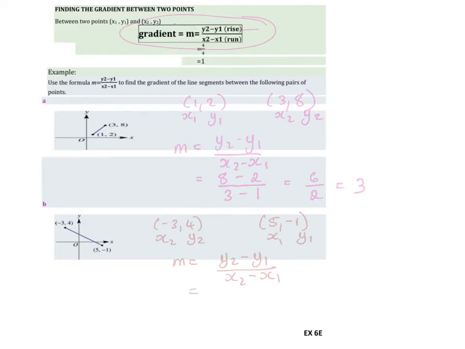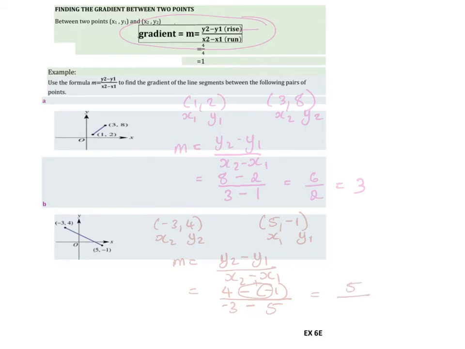Substituting in, I get 4. Now be careful with your signs. Take away negative 1 over x2, which is minus 3. Take away x1, which is 5. All right, now a negative and a negative make a positive. So 4 plus 1 is 5.